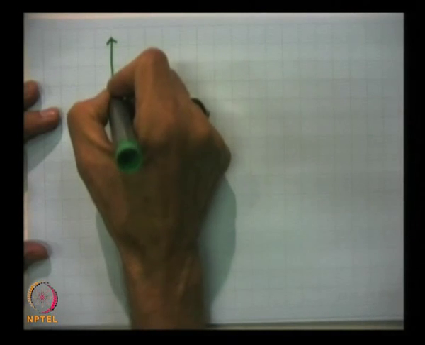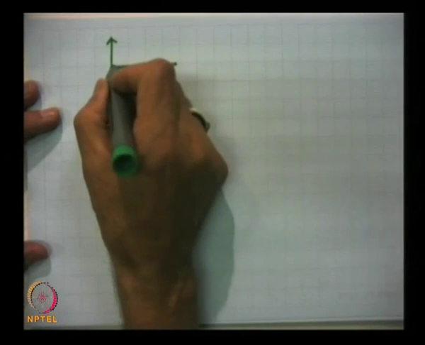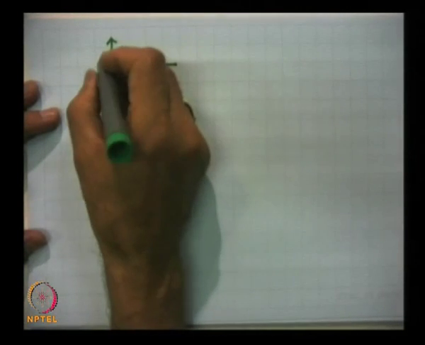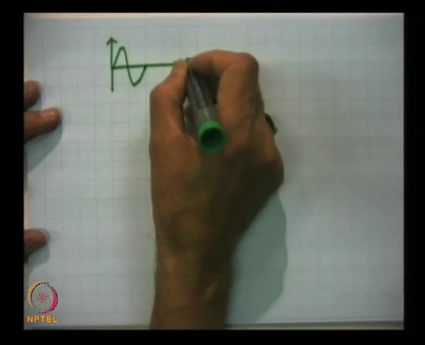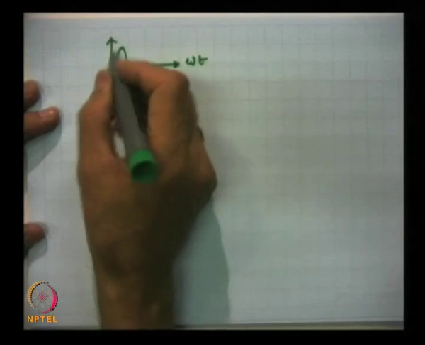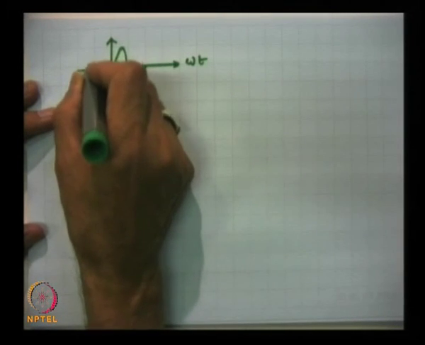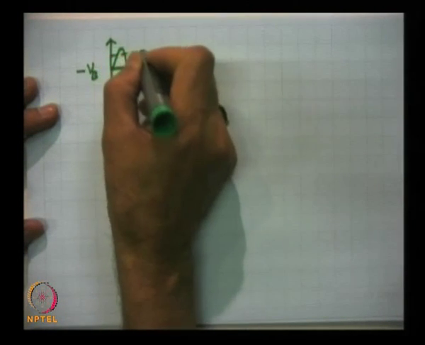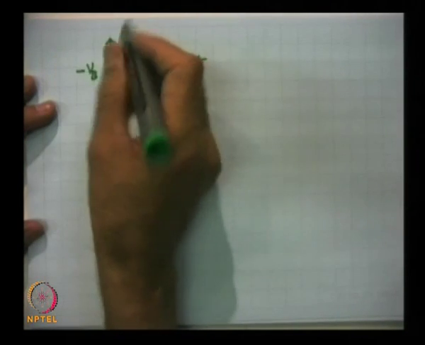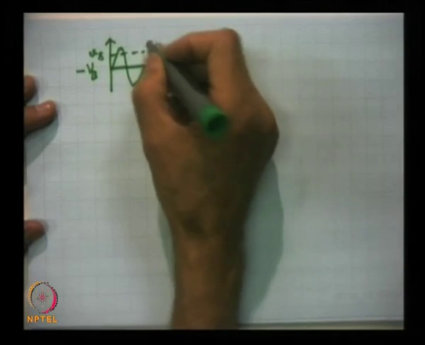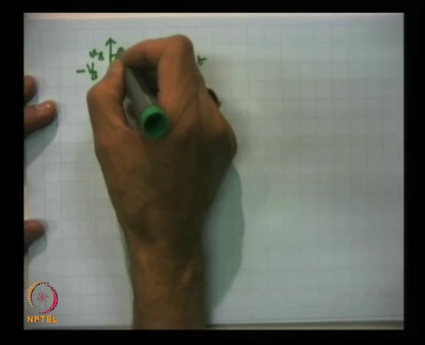Now, let us first graphically see whatever I have said. I will explain through these figures. This is the input signal. This is omega t, and this is the input voltage. This is where we have biased it, and this is Vs. Only this portion will make it forward bias.